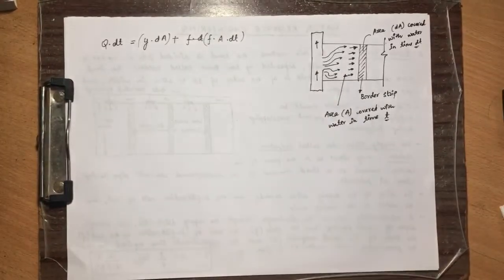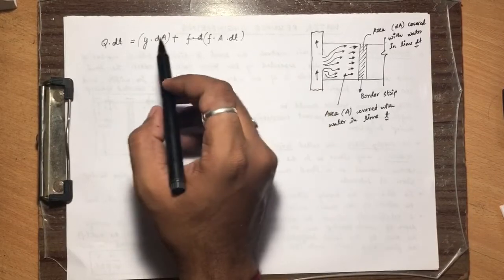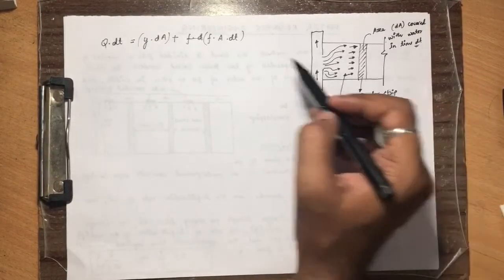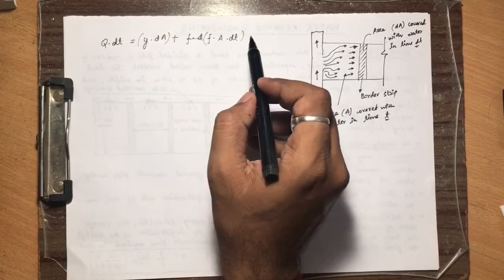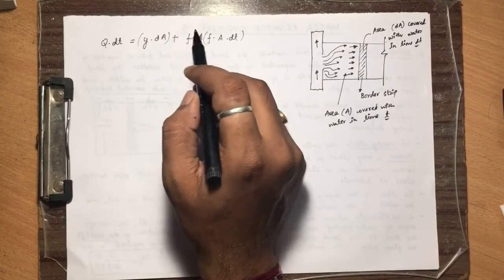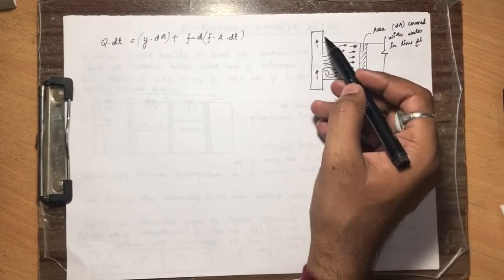So this is the total volume of water to be used in the soil: y into dA plus F into A into dt. This is the volume in the field, and it is coming from the water supply.